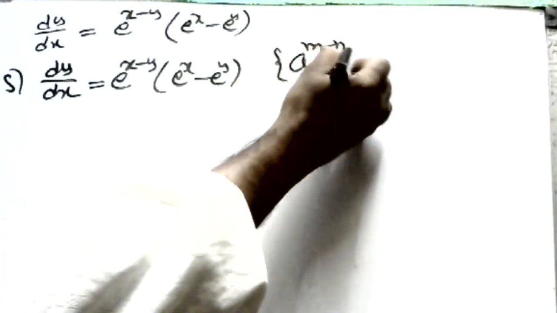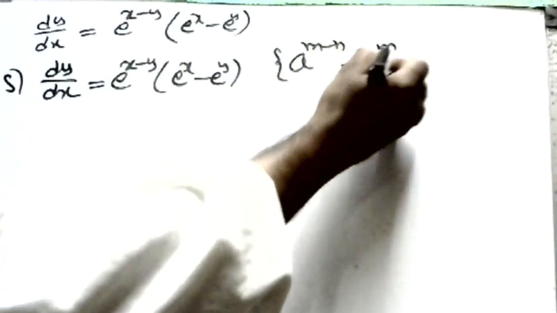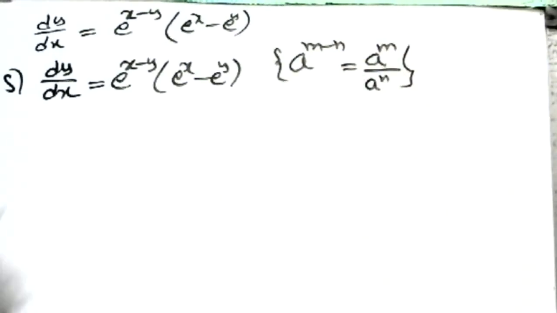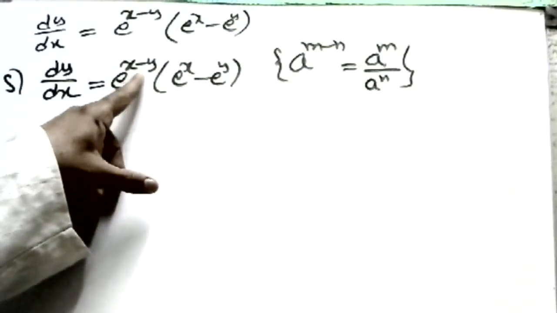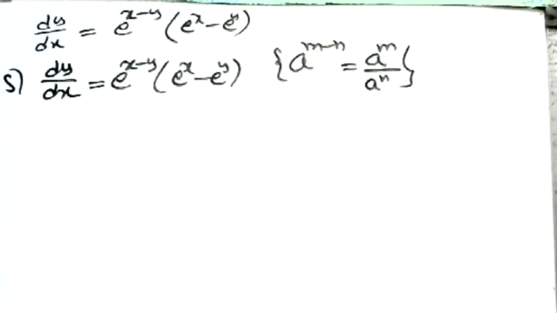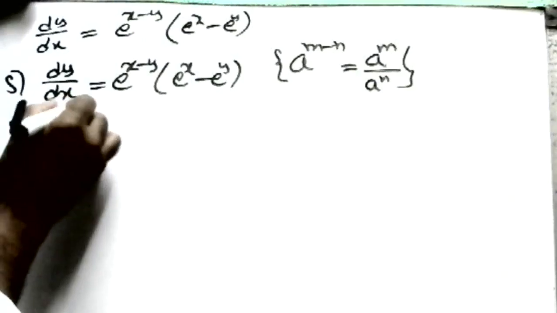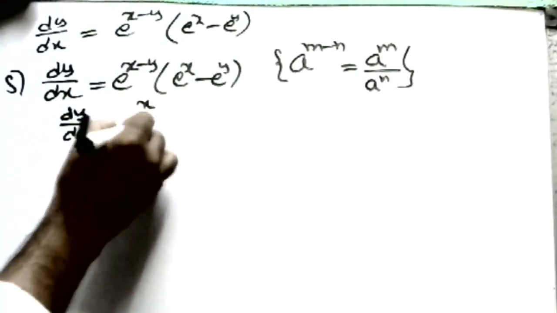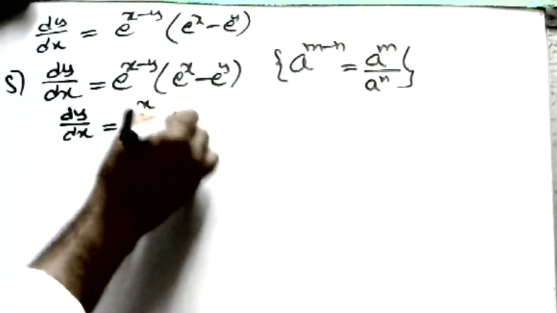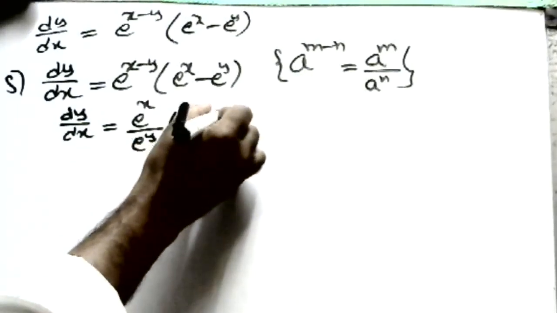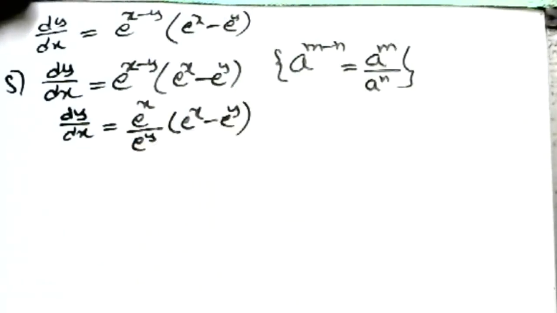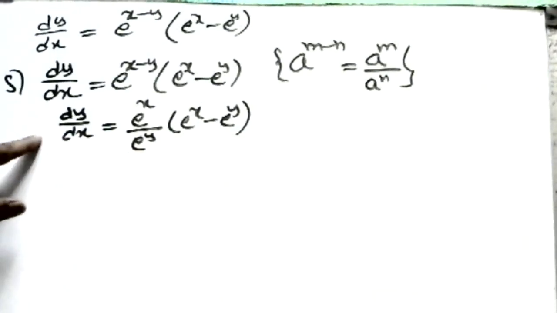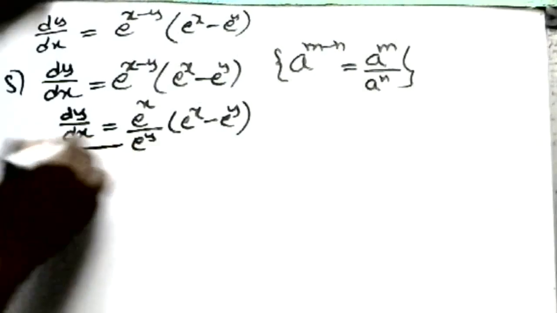You see here, a power m minus n we can write as a power m by a power n. So e power x minus y is e power x by e power y. So dy by dx equals e power x by e power y into e power x minus e power y. Let me cross multiply this.